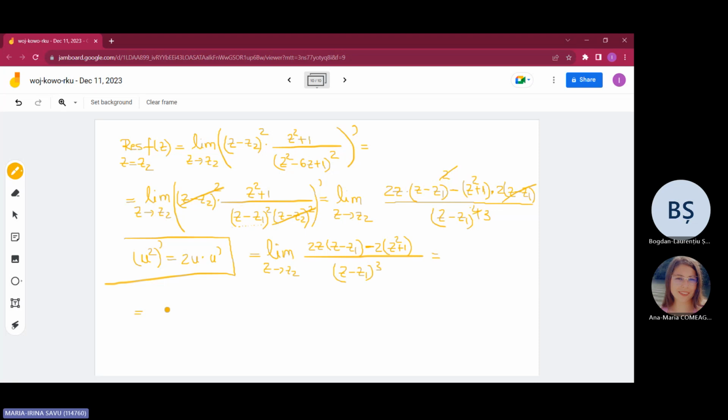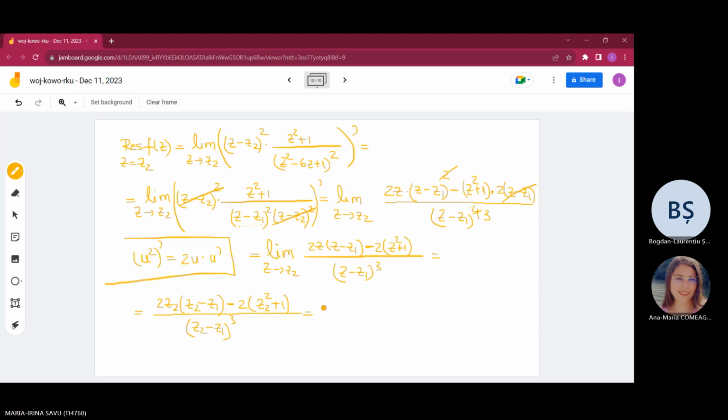And this is 2z2 over z2 minus z1 minus 2 times z2 squared plus 1 over z2 minus z1 cubed.